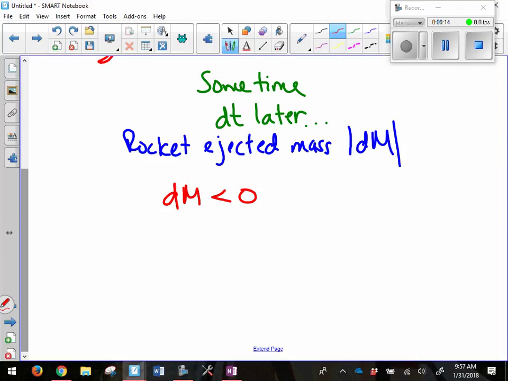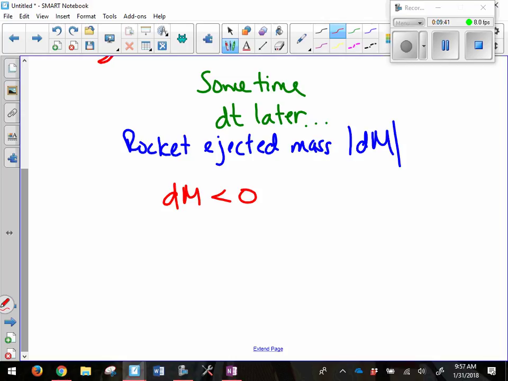Because once again, remember that dm is a change in mass. Second of all, as the omniscient and omnipotent narrator, this is going to make the math work out easier. And that's really why we do it, it's a construct that makes the math make more sense later.